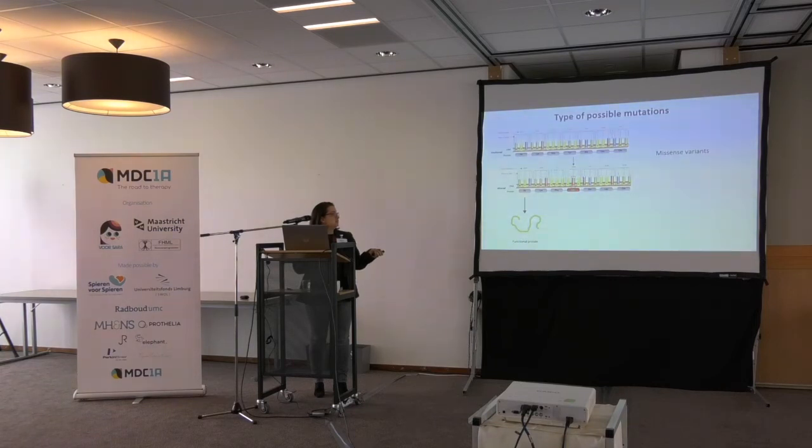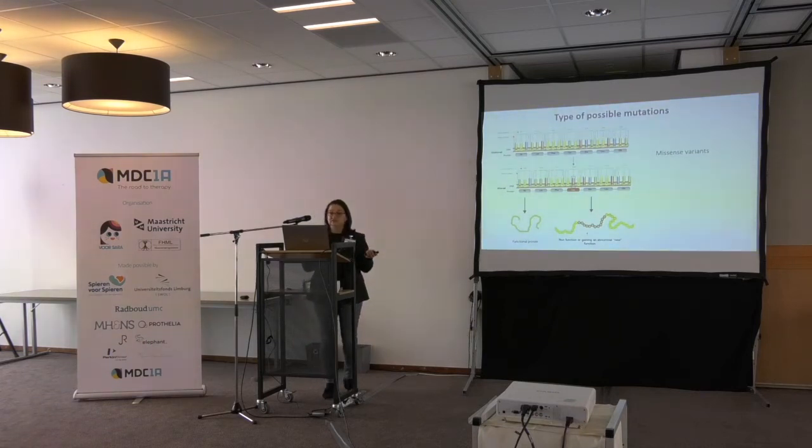So if that's the normal DNA, normal amino acid chain and normal protein, with a missense variant this amino acid changes, and you have a protein that might have a different function. It might lose its function or gain a function. Very often, missense changes can give your protein an abnormal, toxic function.